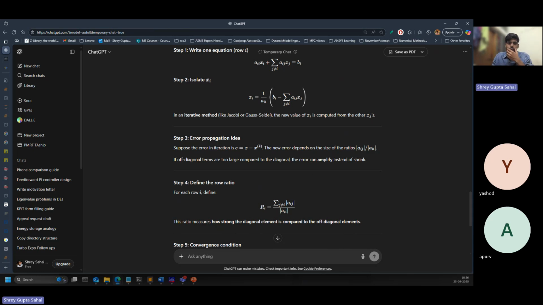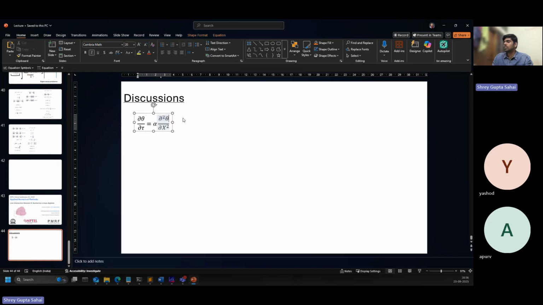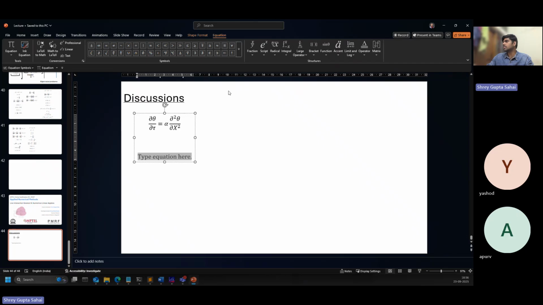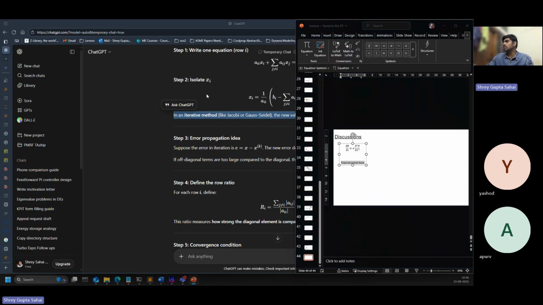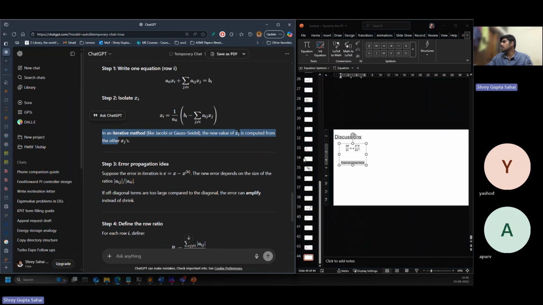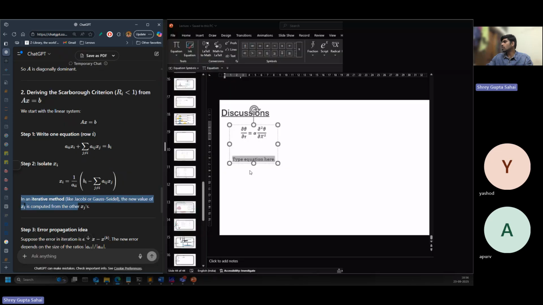Apurva, you there? Yes, sir. See, if you read through this, it is saying similar stuff. I'm just following what GPT is saying because I don't have a textbook to follow right now.